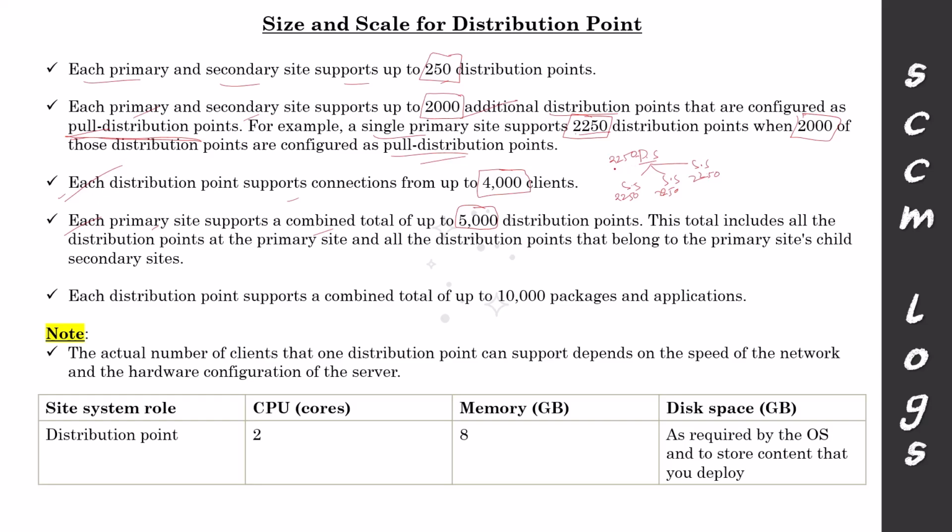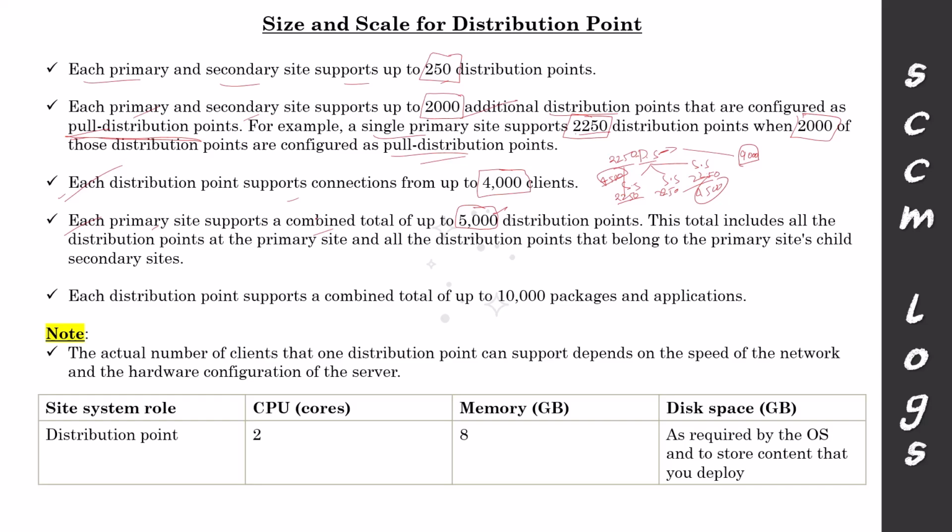If you calculate these two, you get 4500 DPs combined. While combining all the DPs in this hierarchy, you can have 9000 DPs, correct? But the primary site can't support 9000 DPs. The capacity of the primary site is only 5000 DPs. So by considering this point, you need to configure the DPs in your hierarchy.